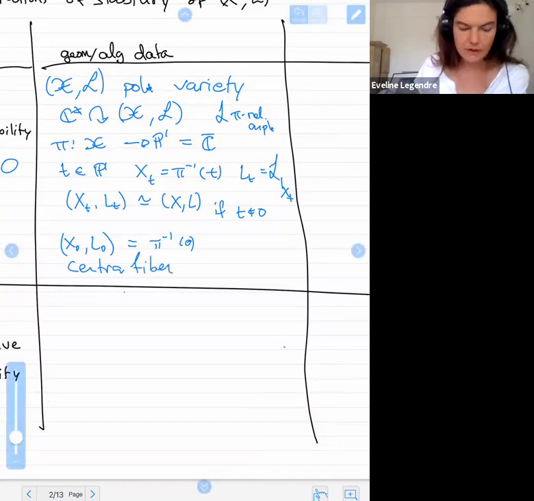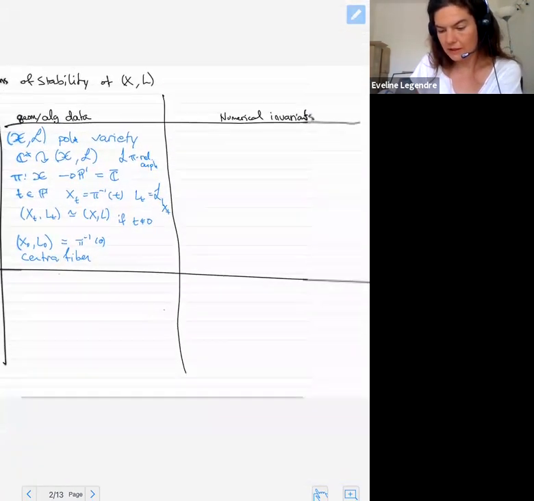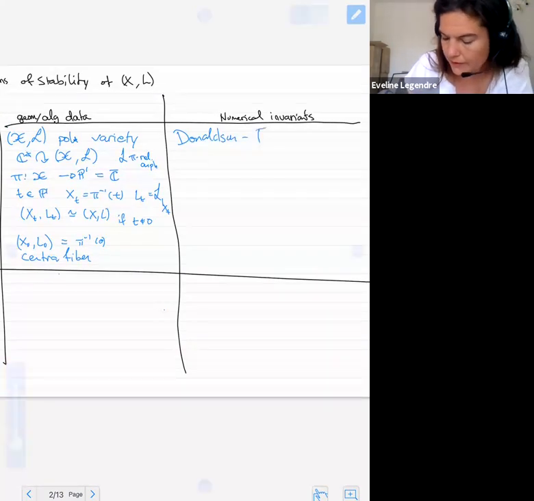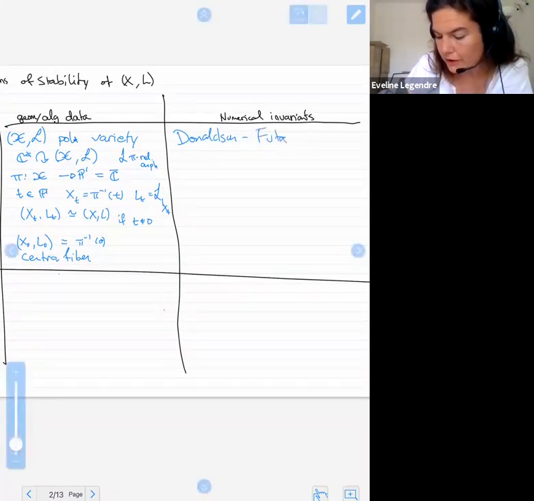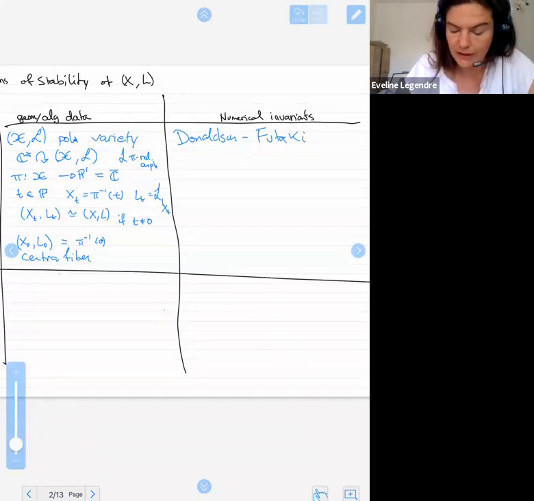The numerical invariant attached to it is what is called the Donaldson-Futaki invariant. This is morally the classical Futaki invariant of the central fiber with the action.